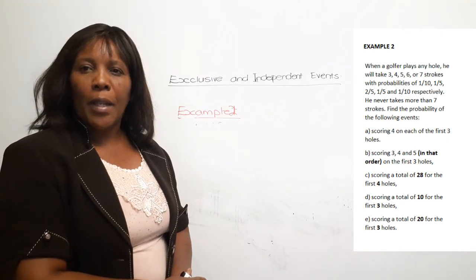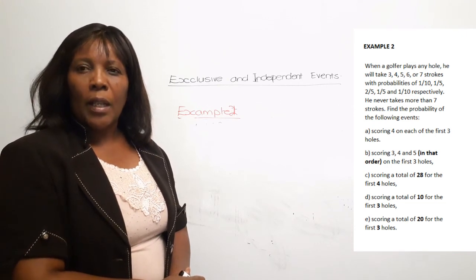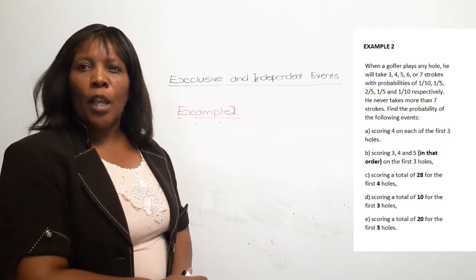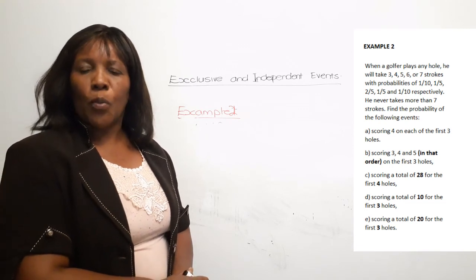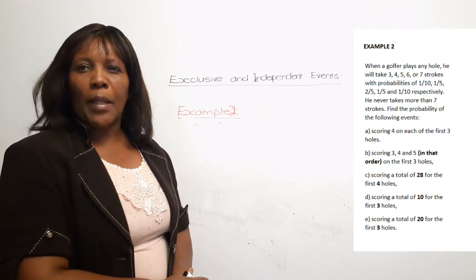And when I look at it, which ones can give us a total of 20? We have got 3, so we are looking at 6. If you take your 6 and your 4, you get 10. You take your 7, you do not get 20. We are looking for the ones that can add up to 20.